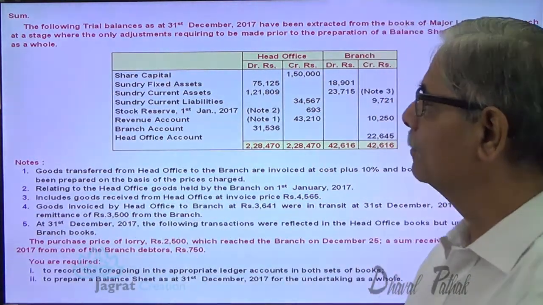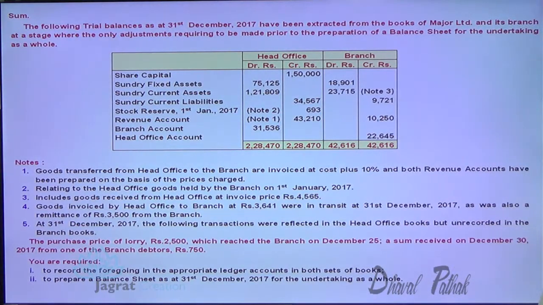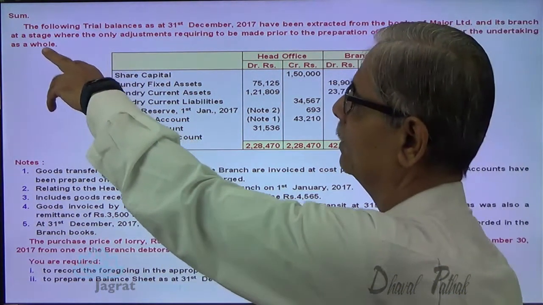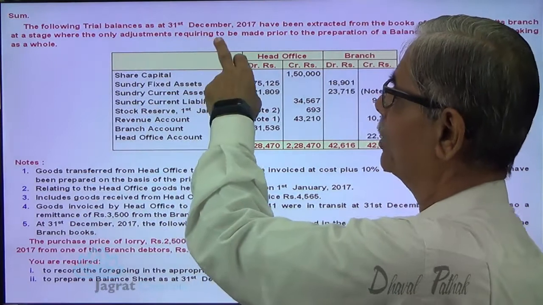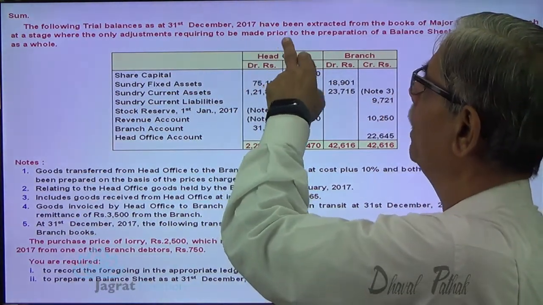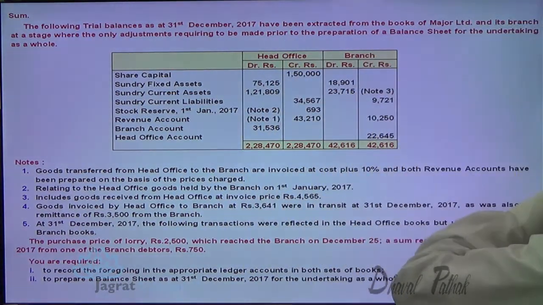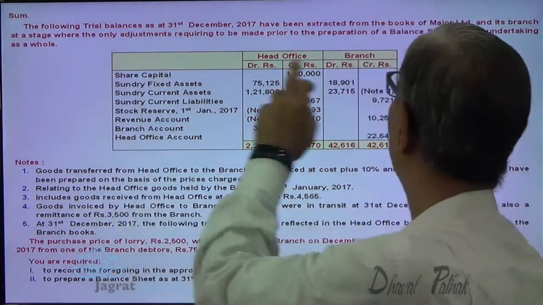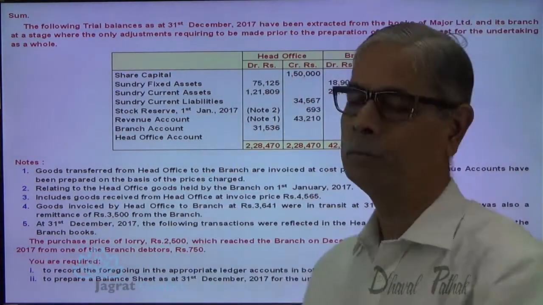Following trial balance as on 31st of December 2017 have been extracted from the books of Major Limited and its branch at a stage where only adjustments are required to be made prior to preparation of the balance sheet of the undertaking as a whole.